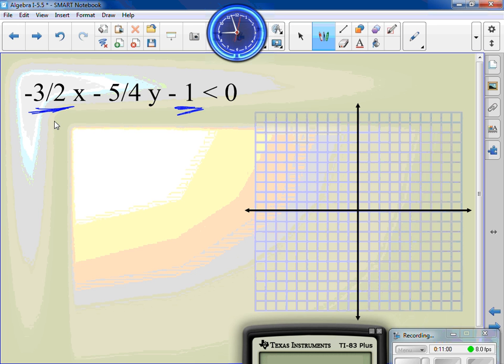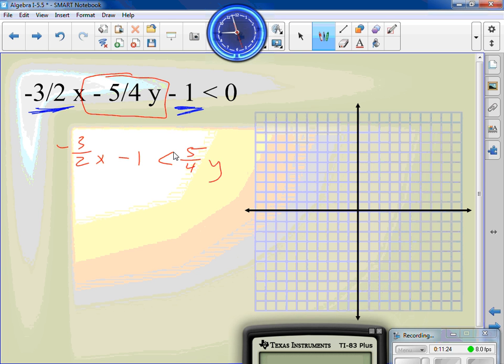Well, I could just move that one. That's a good point. I could move both of these, or I could just move this one. Why move 2 when I could just move 1? Negative 3/2 x minus 1 is less than 5/4 y.